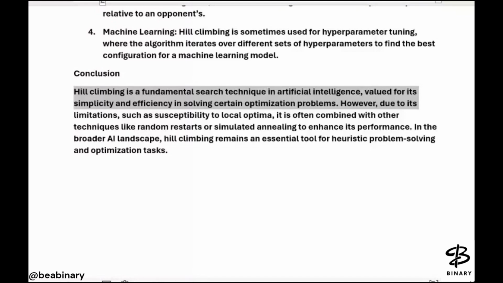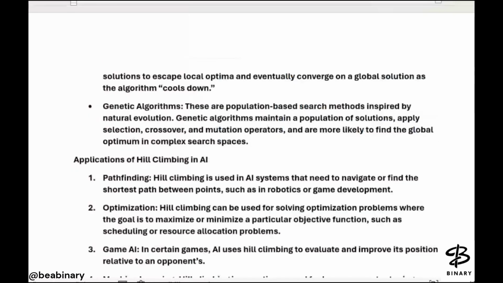But due to limitations such as susceptibility to local optima, where the chance for the global maximum is not there, it is often combined with other techniques like random restarts or simulated annealing to enhance its performance. And in the broader AI landscape, hill climbing remains an essential tool for heuristic problem solving and optimization tasks here. So we have studied the hill climbing heuristic search technique.